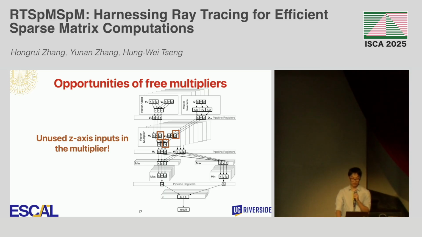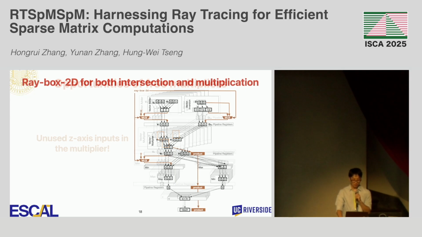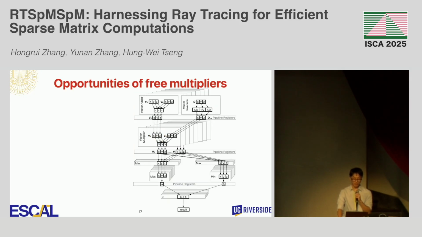Since matrix multiplication only needs 2 dimensions to describe the index of an element, all the z-axis coordinates will become zeros and lead to no-operations when we use ray tracing accelerators for sparse matrix multiplication. So within the ALUs, there is indeed an ALU for a multiplication that always receives zeros as inputs.